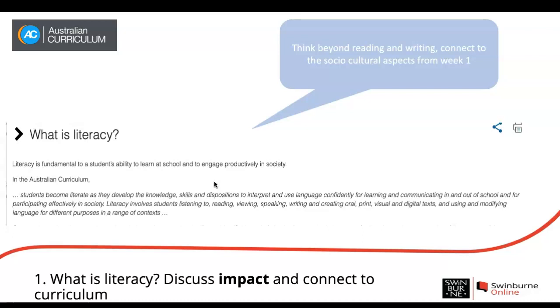You don't need to be specific in the things that you mention, but you need to say the world is multimodal. We need to be able to access different things, thinking about the fact that the workforce and jobs in general are so much more complex, even in say positions where you wouldn't imagine there being a great deal of literacy skill. You still need to be able to talk to people.